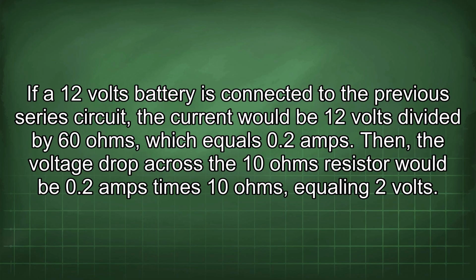If a 12 volt battery is connected to the previous series circuit, the current would be 12 volts divided by 60 ohms, which equals 0.2 amps. Then the voltage drop across the 10 ohm resistor would be 0.2 amps times 10 ohms, equaling 2 volts.